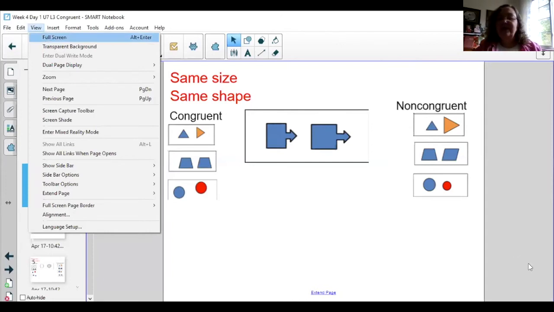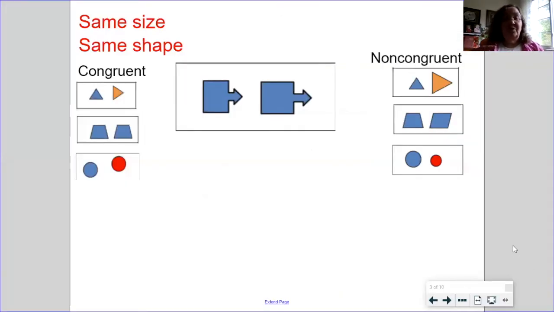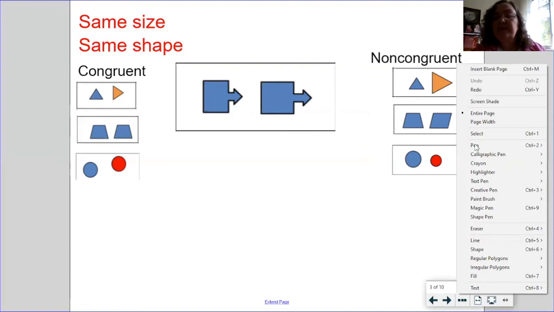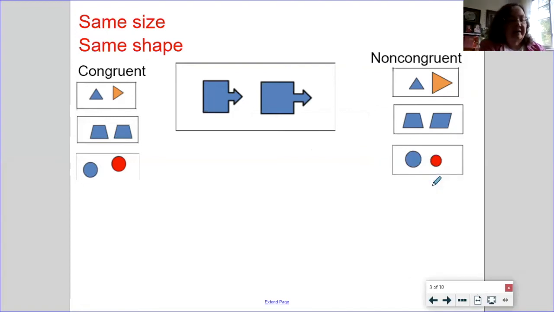All right, let's look at this. If we're looking for the same size and same shape, I have a little problem here because they look almost the same. So one strategy that I can use is I can get out my pen and trace over the side of one of them, just like this.